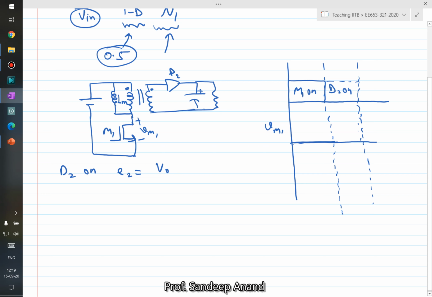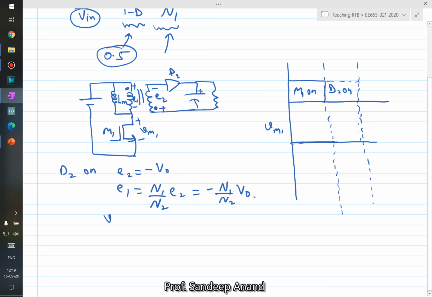Sorry, I've put the dot wrong; this is how the dot convention is. So E2 is equal to minus VO. And E1, on the primary side, is equal to N1 by N2 times E2, which is equal to minus N1 by N2 times VO.